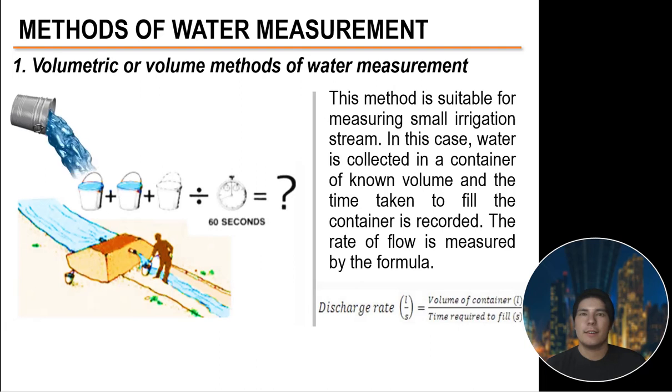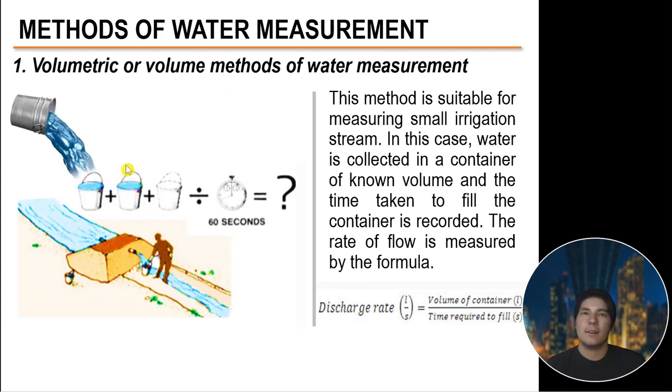So for volumetric or volume methods of water measurement, this method is suitable for measuring small irrigation streams, such as shown here. In this case, water is collected in a container of known volume. So, you should know the volume of your container.